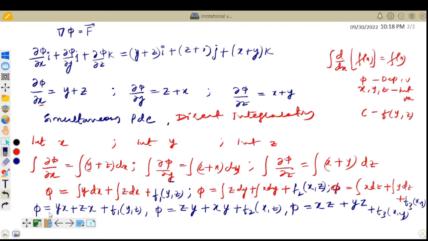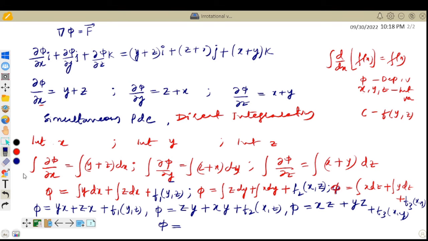Students, we have three values of φ. We need to write a unique value of φ by observing all three. So we also give values to f1 of y, z, f2 of x and z, and f3 of x and y.